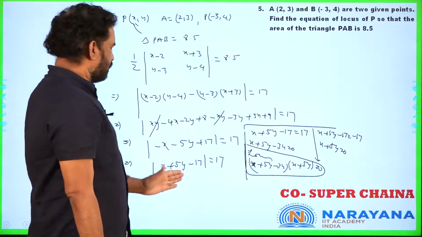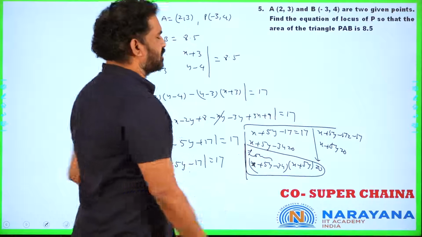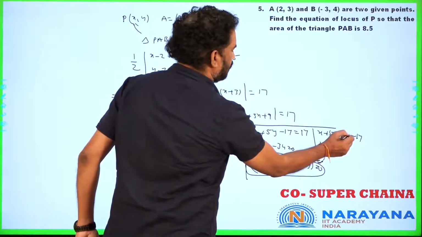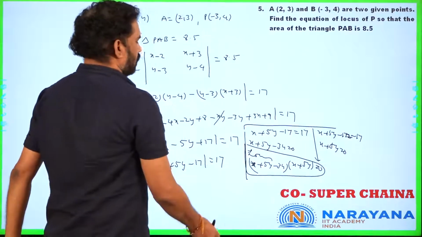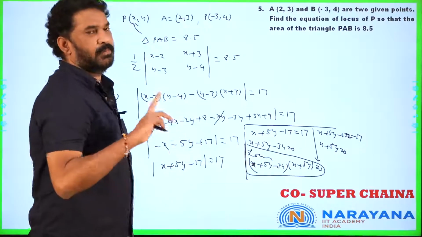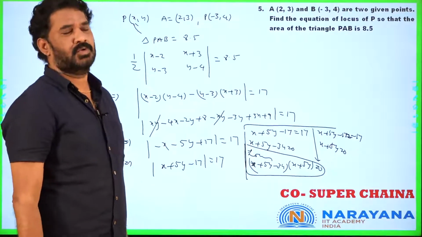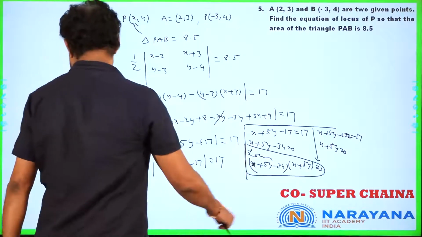After removing the modulus, we get plus 17 and minus 17. So one condition is this one, another is this one. By taking the product, we actually get a pair of two straight lines.